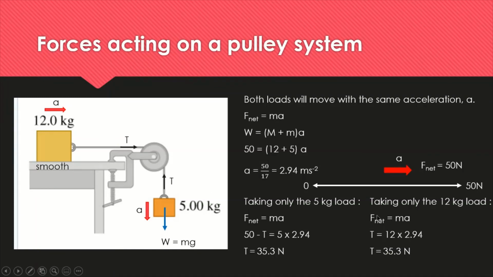So the net force is only T minus 0 equals MA. M is the mass of the load here, so 12 kg times the A just now. With this, we still get the same answer as if we take the other system, right? So you can take either of these two sides to calculate the tension.